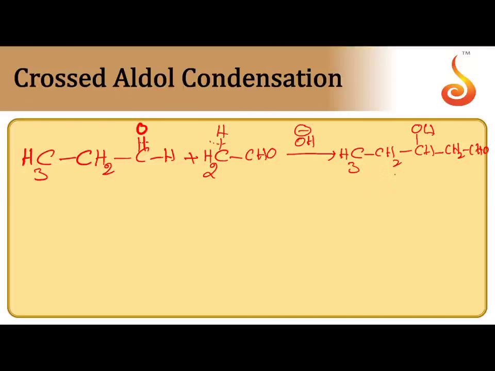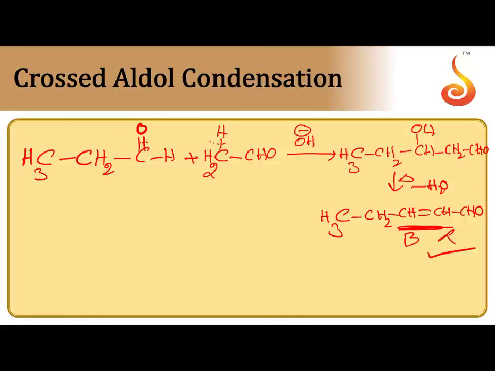This is aldol. Aldol on heating undergoes elimination of H2O, giving CH3CH2CH double bond CHCHO. You see, alpha beta unsaturated compound is obtained. So this is called crossed product.